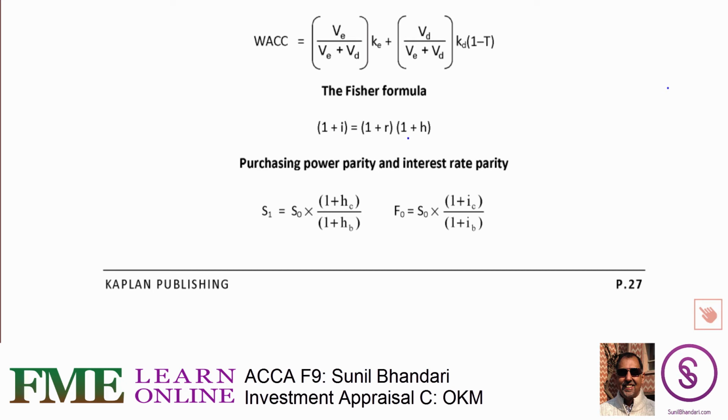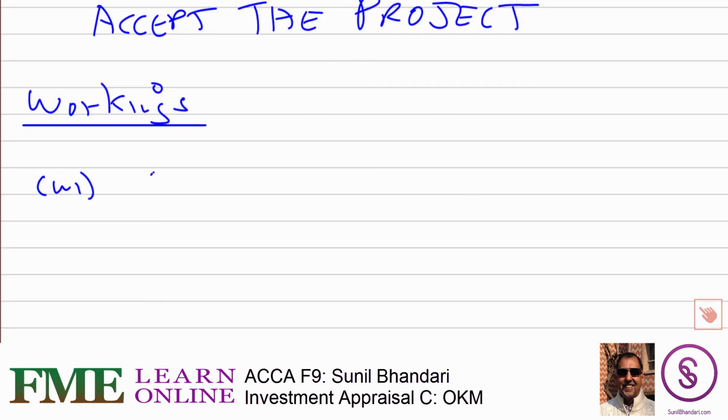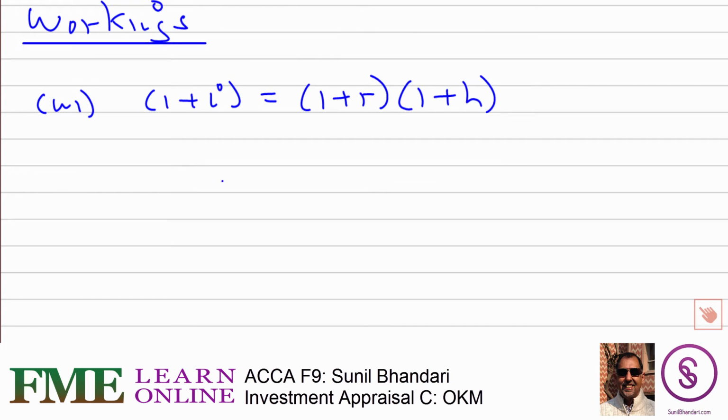So let me put that in. That says 1 plus a nominal rate is equal to 1 plus a real rate multiplied by 1 plus general inflation. You've got to do the maths correct here. You must use decimals.